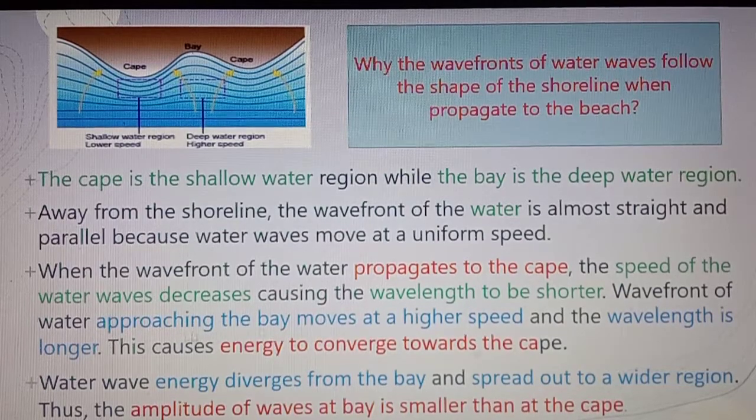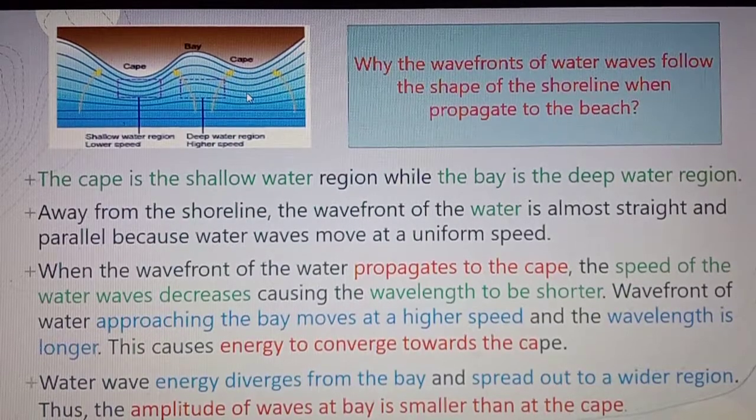The wavefront approaching the bay moves at higher speed, and the wavelength is longer. This causes energy to converge towards the cape, but diverge when approaching the bay. Water wave energy diverges from the bay and spreads out to a wider region. So here diverge, here converge.